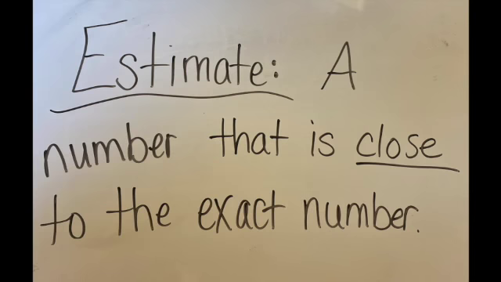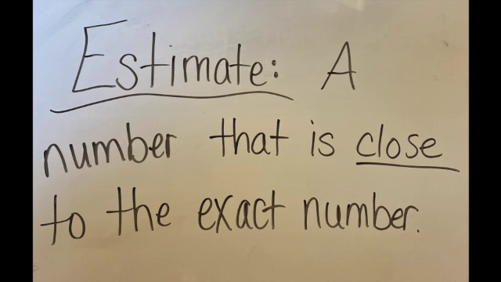First, we have a new vocabulary word to go over, and the word is estimate. Estimate would be the word I would use to say the action word, which is a verb, like I am going to estimate this number. But this time I'm going to say the word as estimate, and estimate is a noun, so it's a thing.